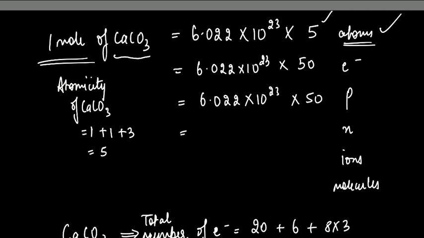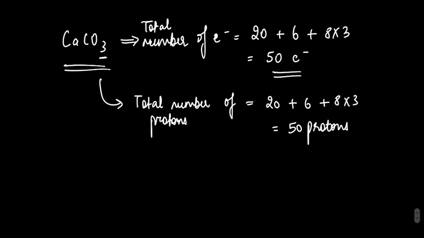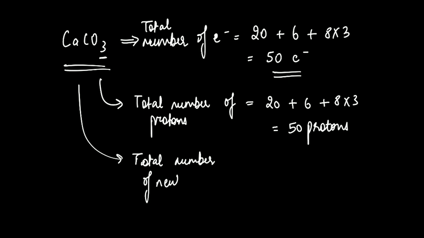Then if we go to number of neutrons, so calcium has 40 mass, 40 minus proton number 20, 20 neutrons again.